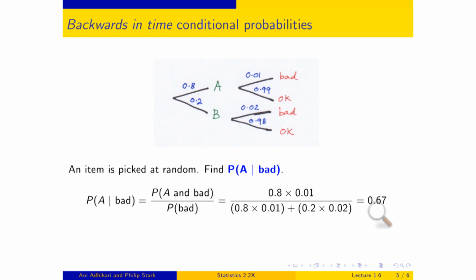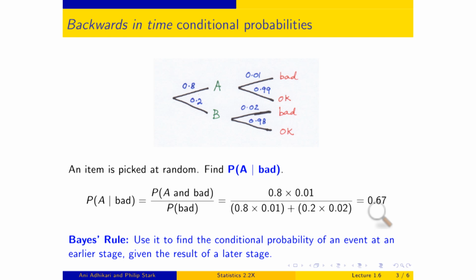And that is because you're thinking it's bad. This gives a little more weight to machine B. And that's what this calculation does. It allows you to update your probabilities according to the information that is at your disposal.